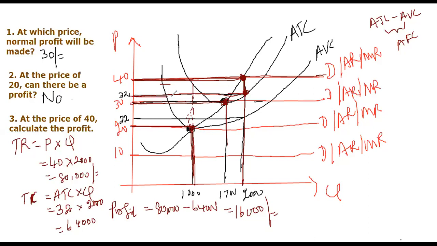How much is ATC? 32. AVC is also given here, 22. ATC minus AVC, this gap is what? AFC. If AFC is 10, then TFC how much? 10 into 2000, 20,000. Like this, other questions are there. I will just display a question now. Just see.